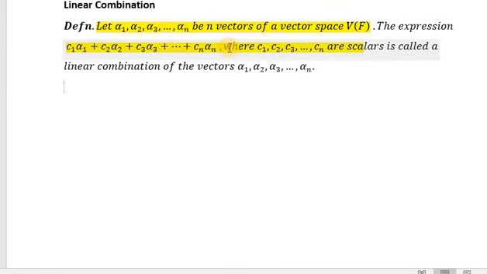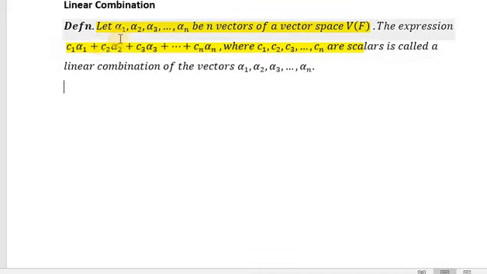Linear combination definition: let alpha 1, alpha 2, alpha 3, and so on, alpha n be n vectors of a vector space V over F. The expression C1 alpha 1 plus C2 alpha 2 plus C3 alpha 3 plus so on plus Cn alpha n, where C1, C2, C3, so on Cn are scalars, is called a linear combination of the vectors alpha 1, alpha 2, alpha 3, so on alpha n.